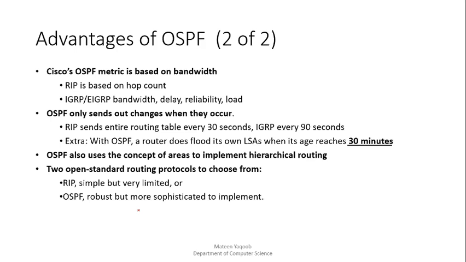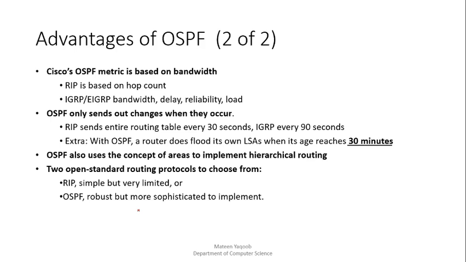So the link bandwidth utilization will be lesser, and the chances of congestion will be lesser in OSPF. With OSPF, our router floods its own table after it reaches the age of 30 minutes, which is a higher time as compared to RIP.